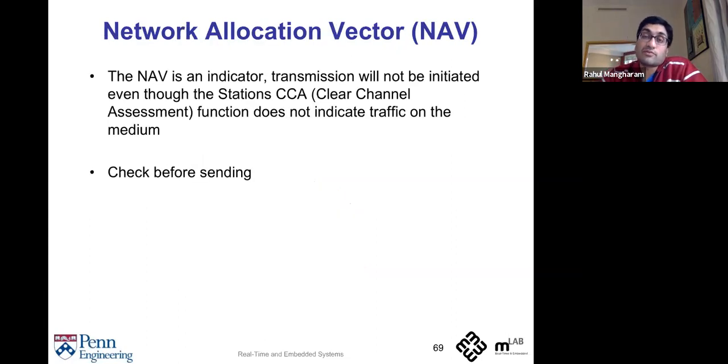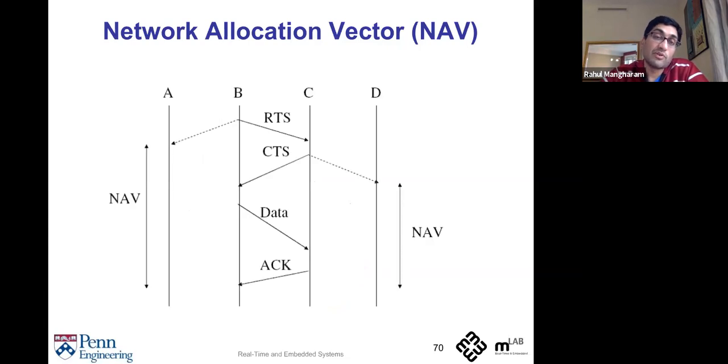So in a way, what the node is trying to do is trying to lease the channel. By lease, I'm just saying that I want to book this channel till I finish the message, and it's going to take me so long to send this message across. So when it sends an RTS, as part of the packet, it has a thing called a network allocation vector. And a network allocation vector is nothing other than just saying that I need this channel for the next 140 microseconds.